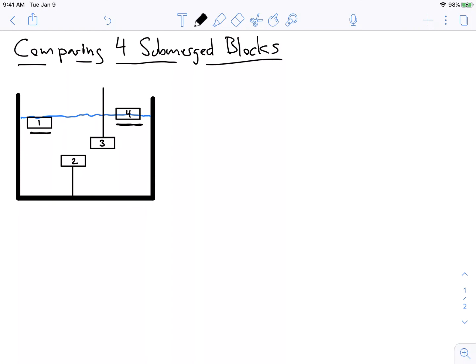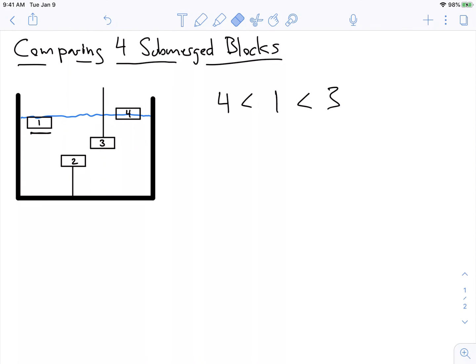Block 1 is a little deeper, and block 3 is being held by a rope, and if it wasn't held up by a rope, it would sink. Knowing that all of these have the same volume, because block 4 is higher, it must be the least dense. Then block 1, and then block 3 is the most dense.